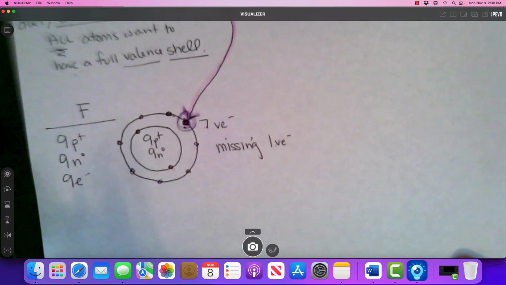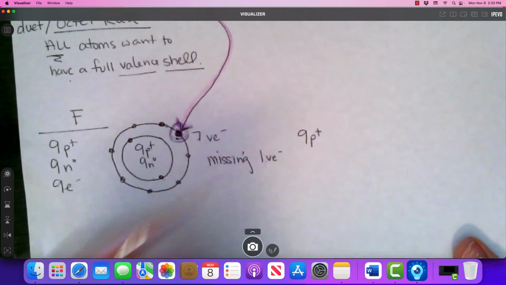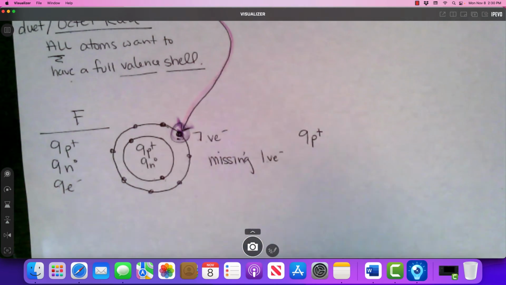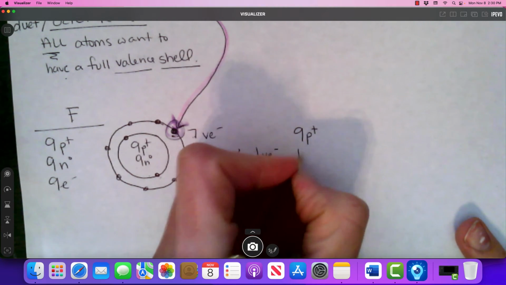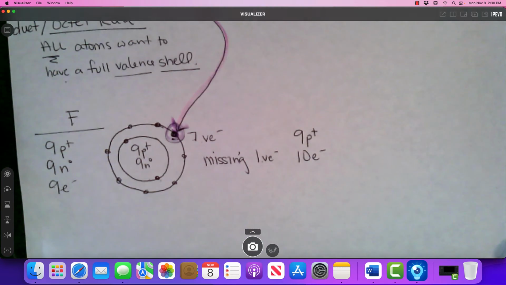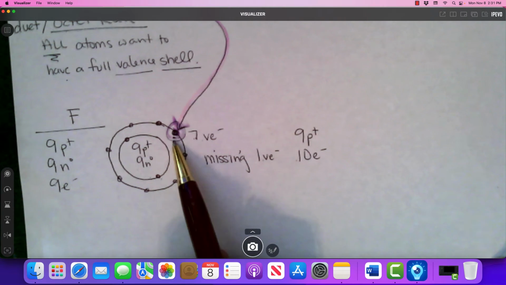Okay. So down here, fluorine still has 9 protons and 9 neutrons. Neutrons don't really matter for this conversation. And it took an electron from lithium. So it now has, instead of 9, it now has 10 electrons because it gathered that extra electron.